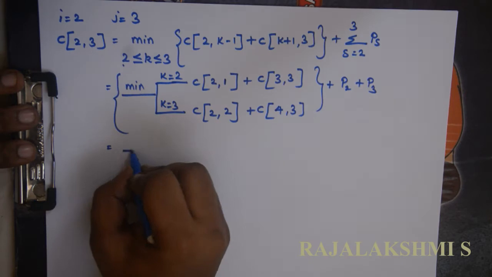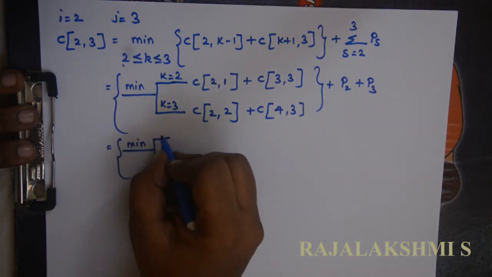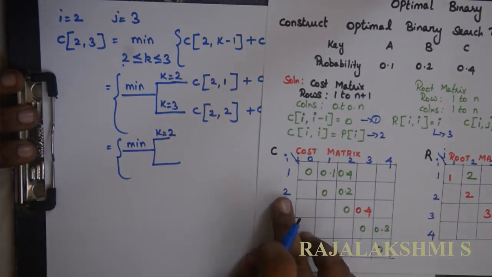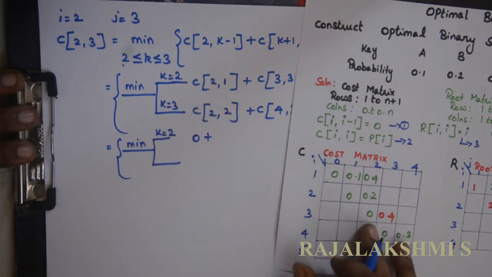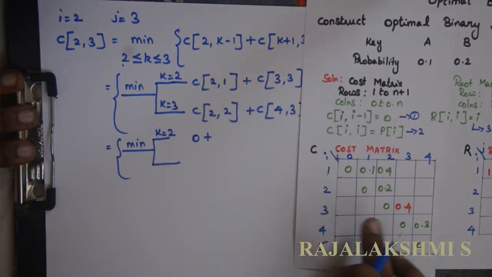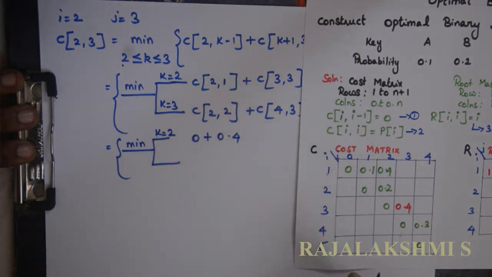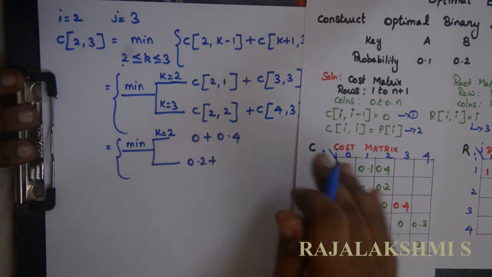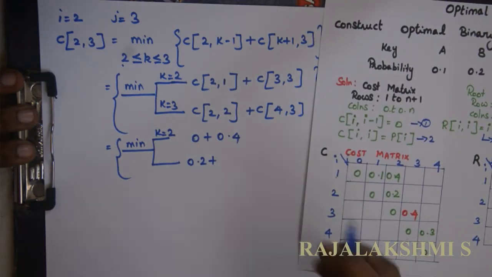So now we should fill the values from the table. Minimum over k equal to 2: C of 2 comma 1, which is 0, plus C of 3 comma 3, which we had found as 0.4. For k equal to 3: C of 2 comma 2, which is 0.2, plus C of 4 comma 3, which is 0, right?